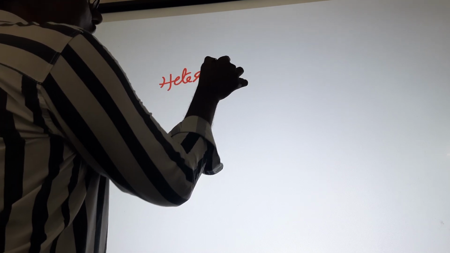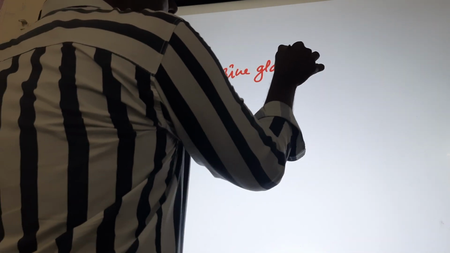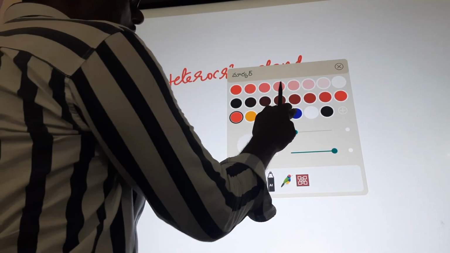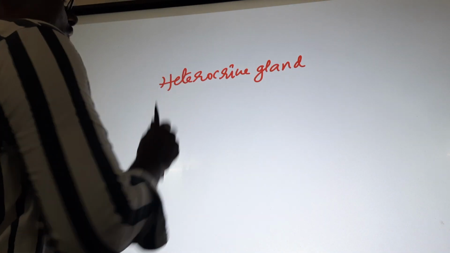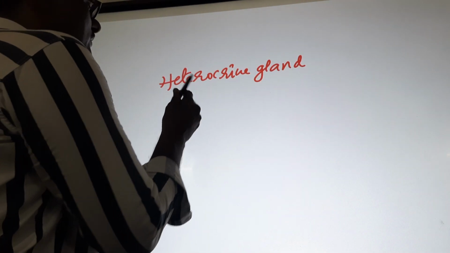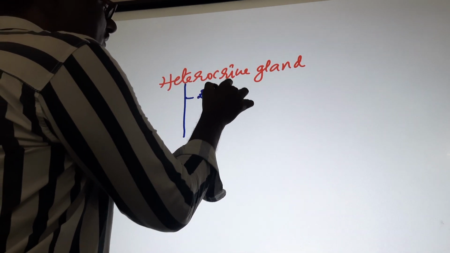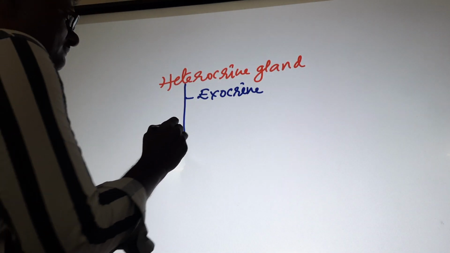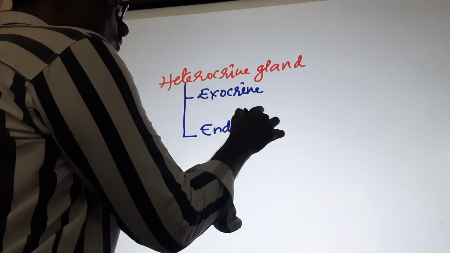I said heterocrine gland because it is composed of two kinds of tissues. Already I have mentioned. What are they? Tell me. Exocrine portion and endocrine portion.